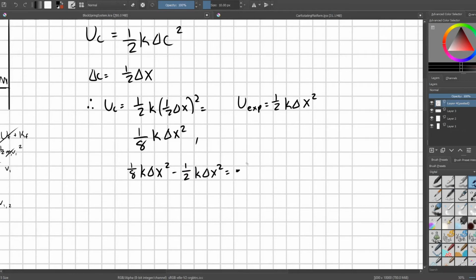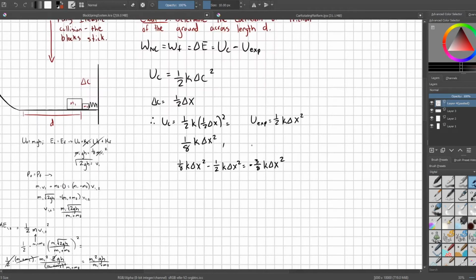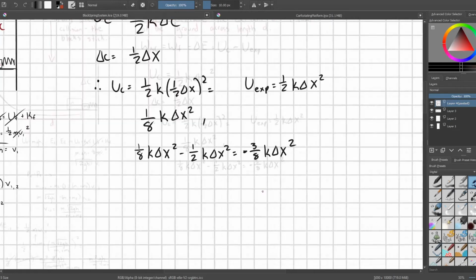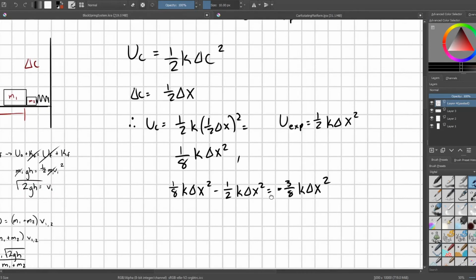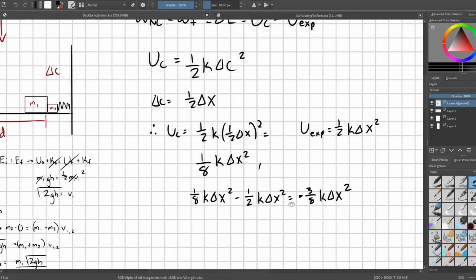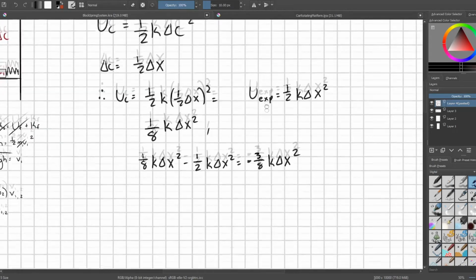This should be negative 3/8 k delta x squared. And we would expect this to be a negative value. Friction is going to be doing negative work, taking energy out of this block system. So I think that's perfectly reasonable.